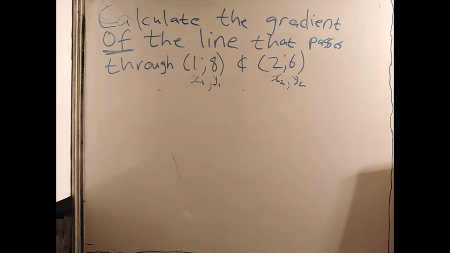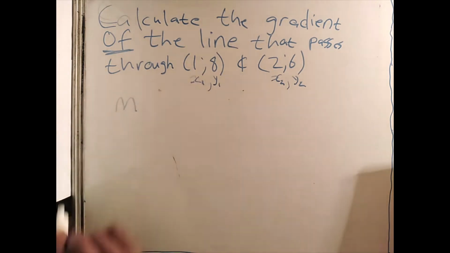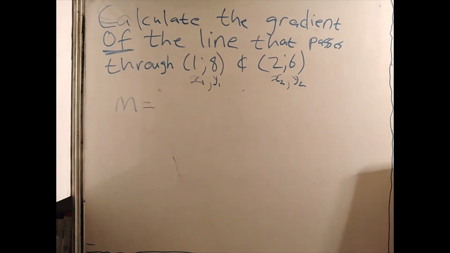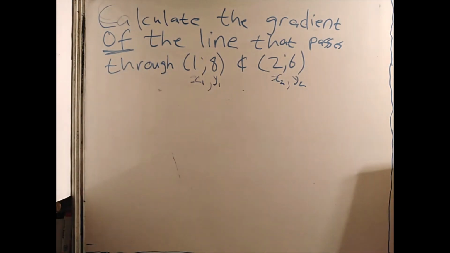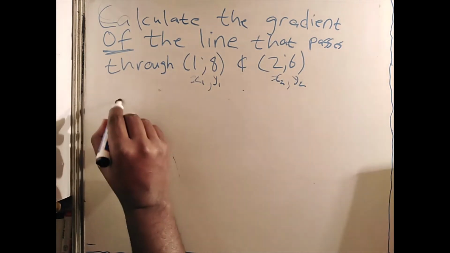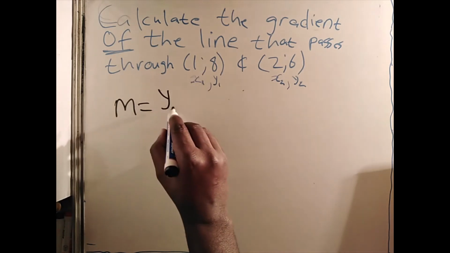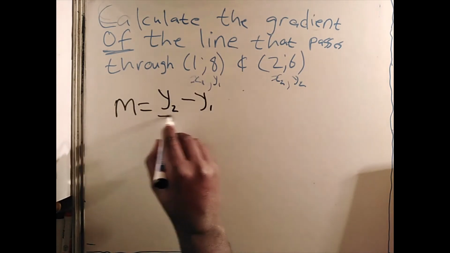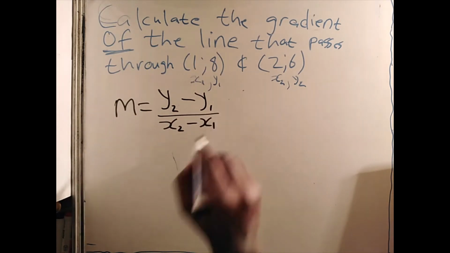The formula of a gradient is a very straightforward formula which says m is equal to what? Let me just use another color because this one is dwindling. All right, so we have m, which is equal to y2 minus y1 divided by x2 minus x1.